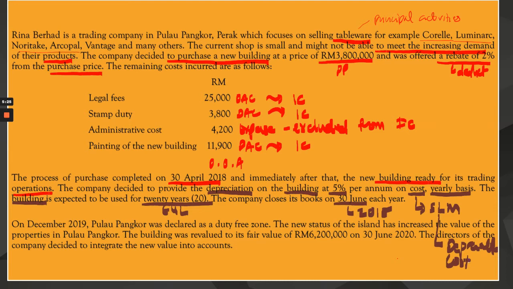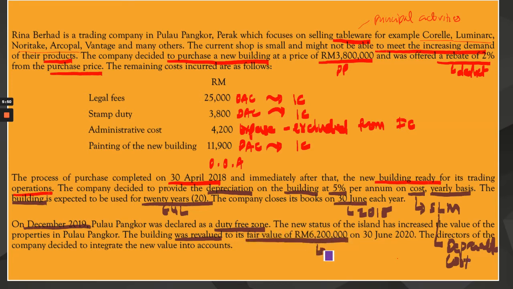The status of the island has increased. They have declared it to be a duty-free zone somewhere in December. And the value of the properties in Pangkor has also increased. So the building was revalued, not in the year that you acquired it, but a year later. It was revalued to its fair value of 6.2 million.